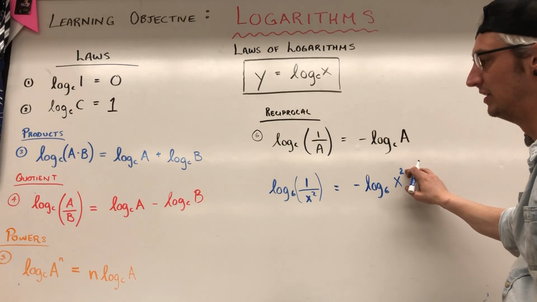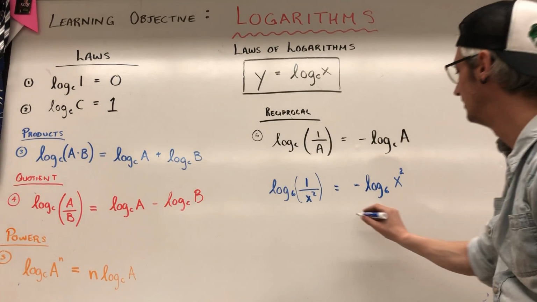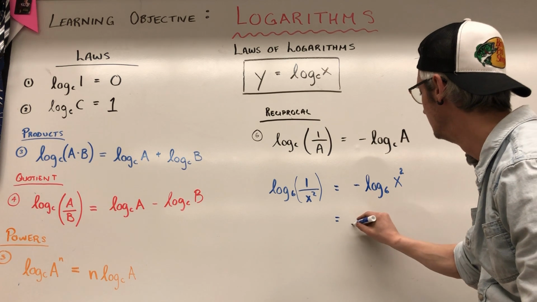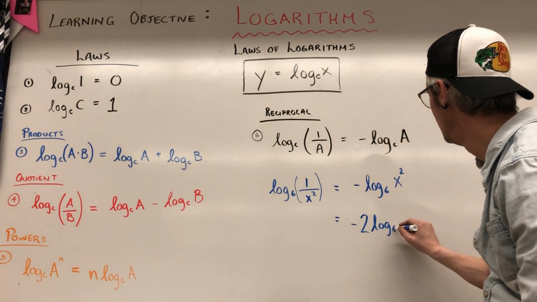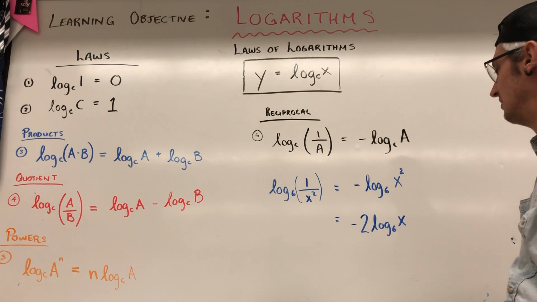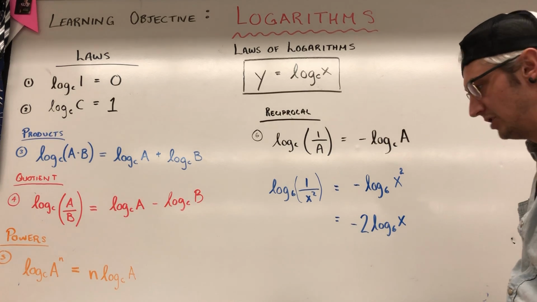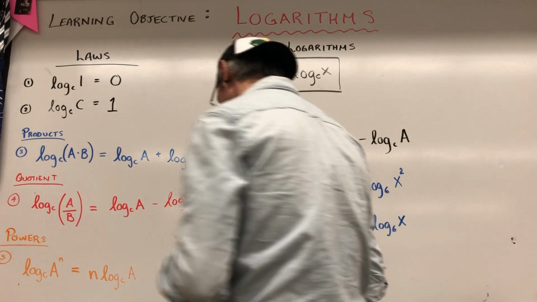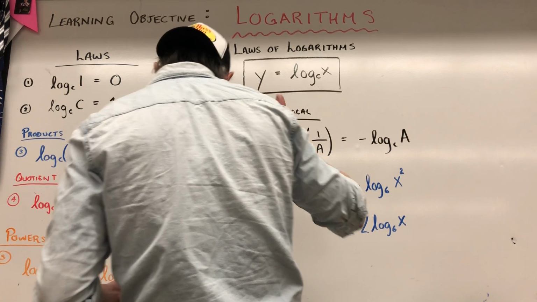But I don't like exponents in my log, so what am I going to do? I'm going to apply the powers law, and then I can rewrite this as negative 2 log base 6 of x. Okay? There we go. Make sure I did that right. Negative 2 log base 6 of x.